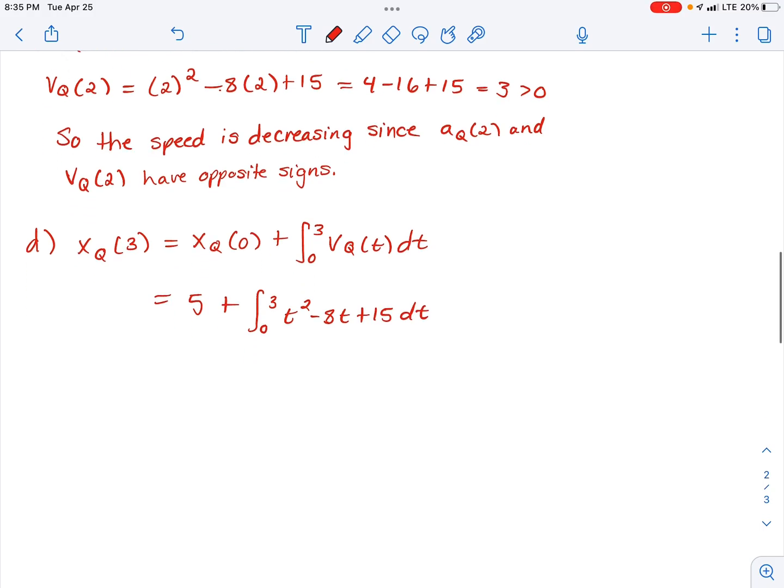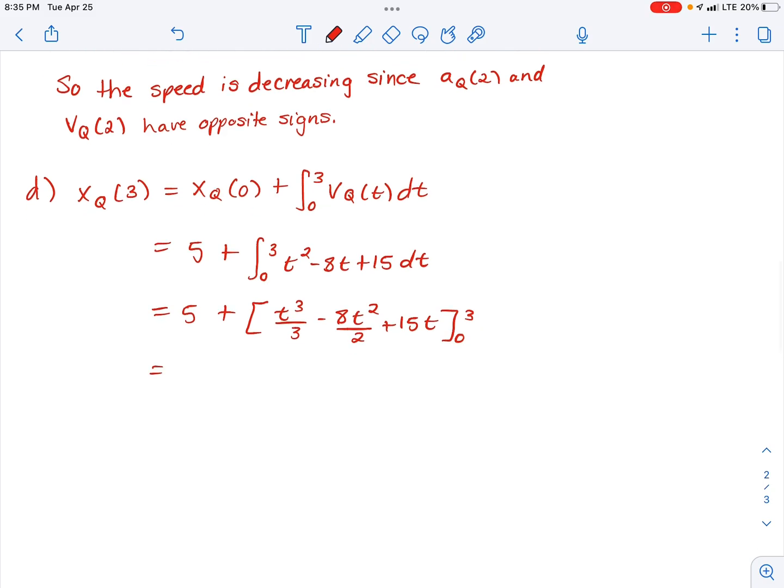And then now I just have to compute this definite integral. So this would be t cubed over 3 minus 8t squared over 2 plus 15t from 0 to 3. And then I just need to plug in the values. I wouldn't simplify it because you'll get your answer.